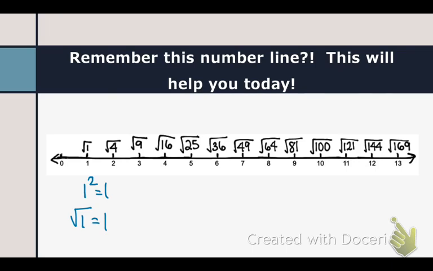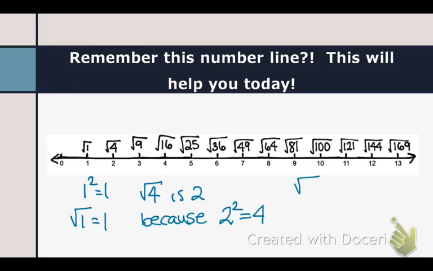So that's not a great example because 1 is a special number. But let's try 2. Remember how I said the square root of 4 is 2 because 2 squared equals 4. Okay? So this is the whole purpose of this number line, of we're trying to find the equivalency. So let's keep on going.